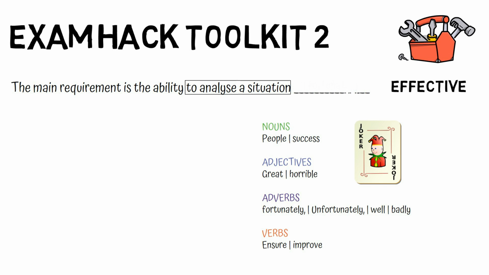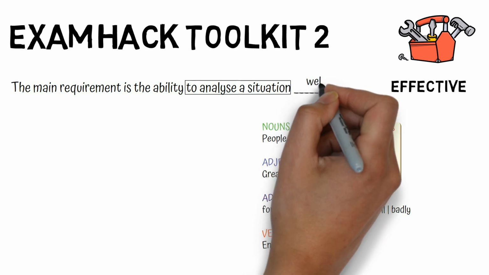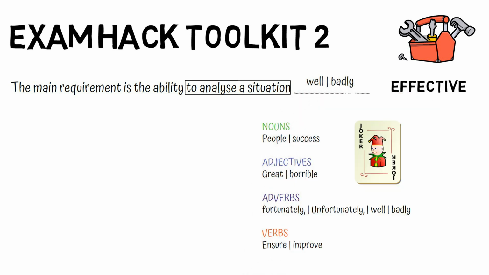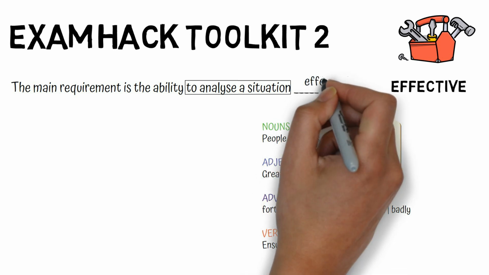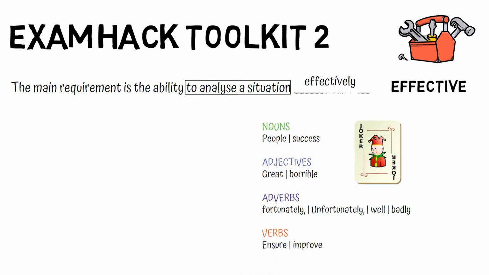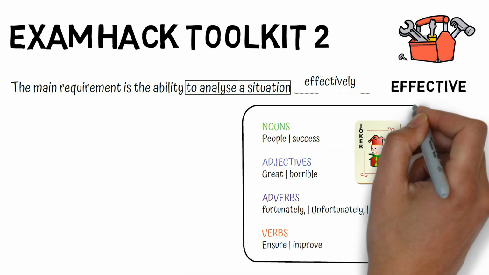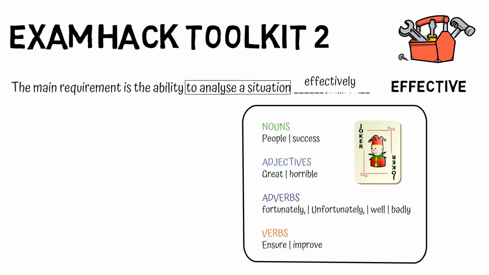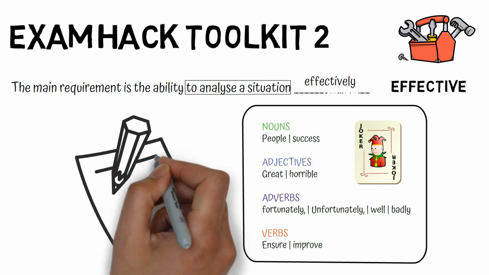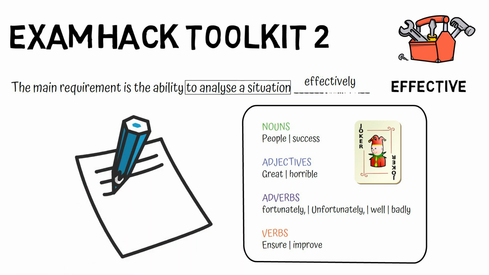What about analyze a situation well or badly? This does make sense, so we are probably looking for an adverb here. So the correct answer is an adverb, to analyze a situation effectively. The joker words will not always work, but it's definitely worth a try. They could help you find the correct word type, so make sure you take note of these.